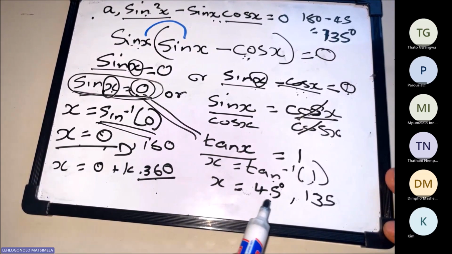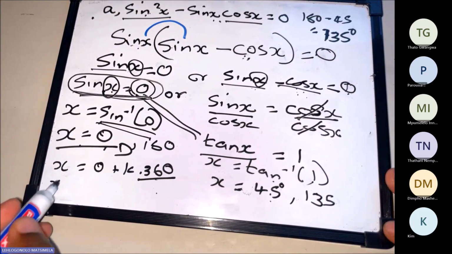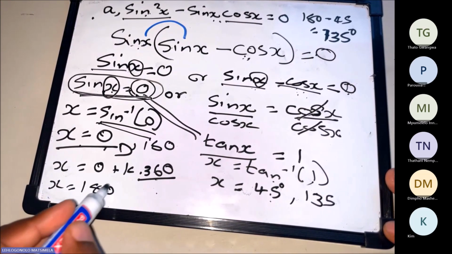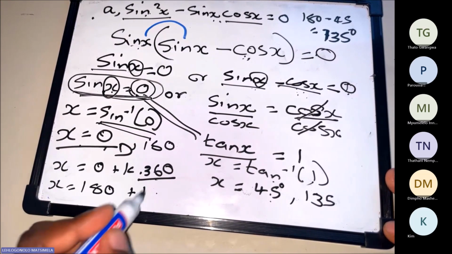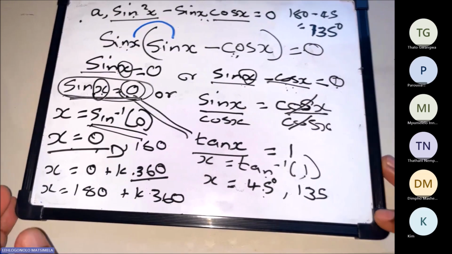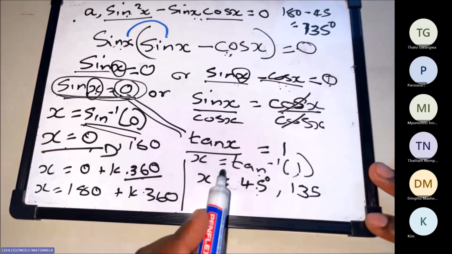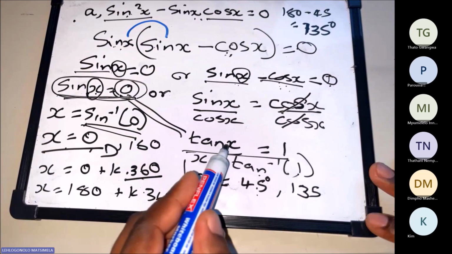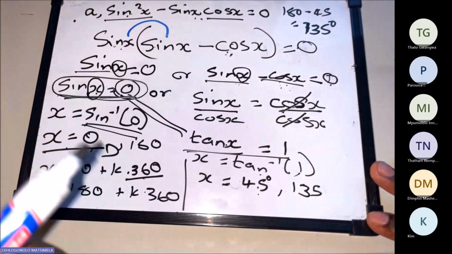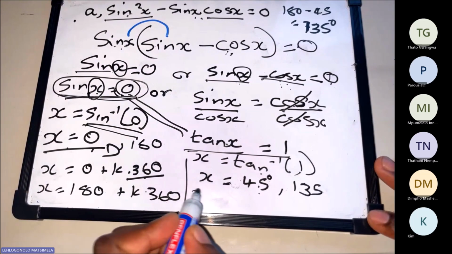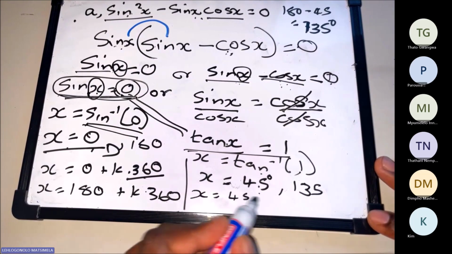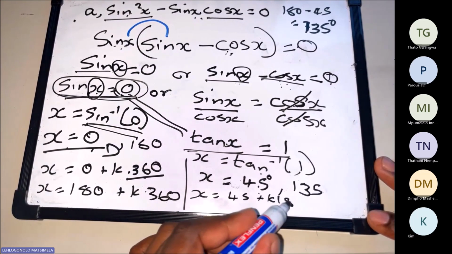Now on tan, oh, it's not done. We'll also have x equals 180 plus k 360. Now the second one, this one of tan, the coefficient here is still 1. For tan, we come from 180, not 360. Then we will have the first solution as x equals 45 plus k 180.